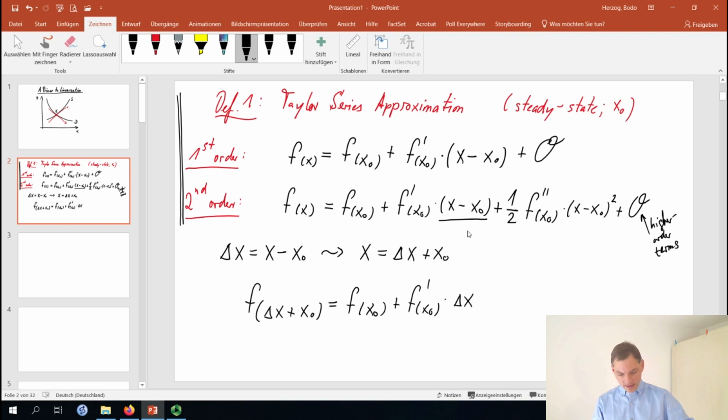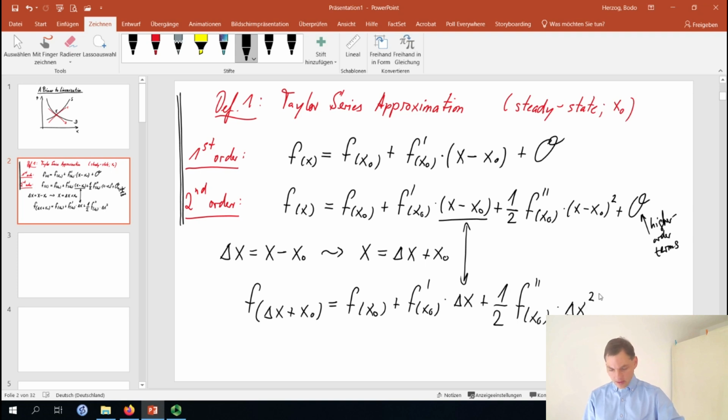And if we do a second order Taylor series, then we have 1 over 2 times the second derivative at x0 times my delta x squared plus the higher order terms. These are important formulas you should keep in mind.